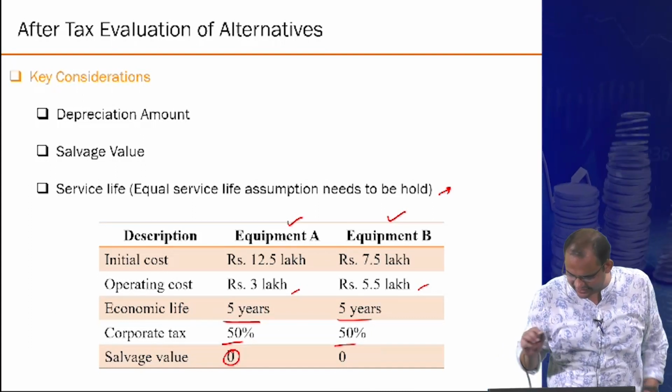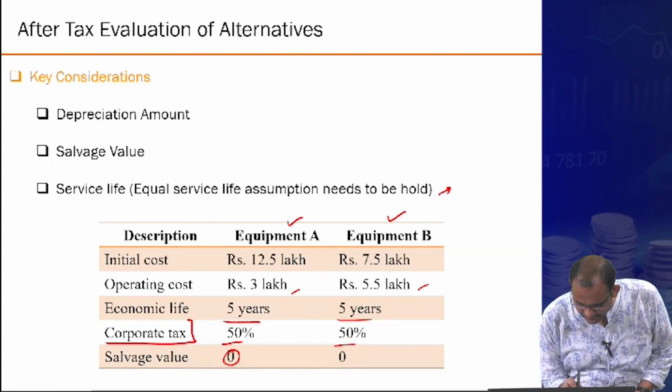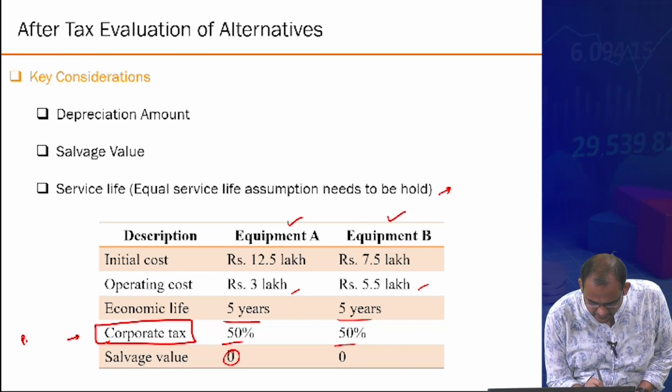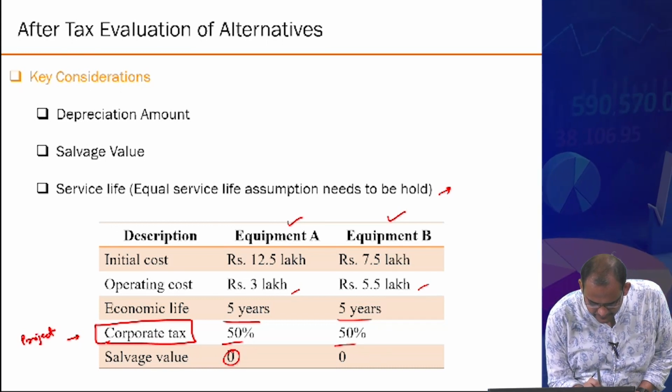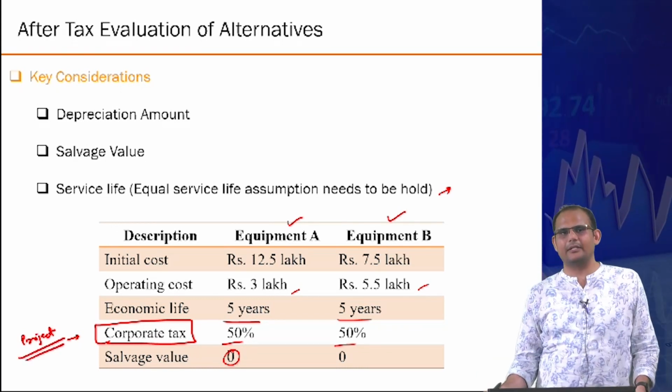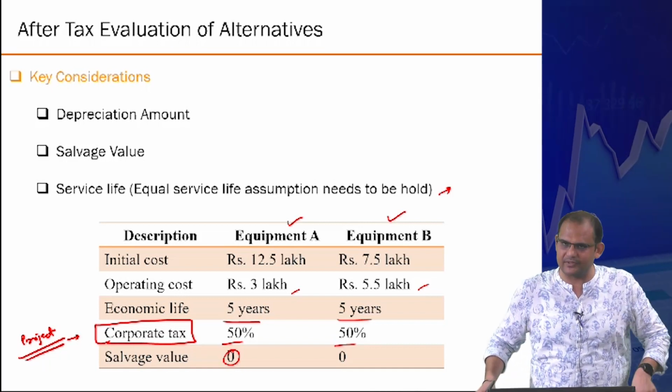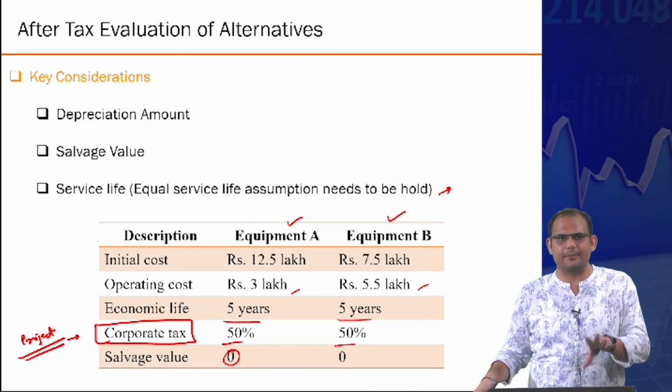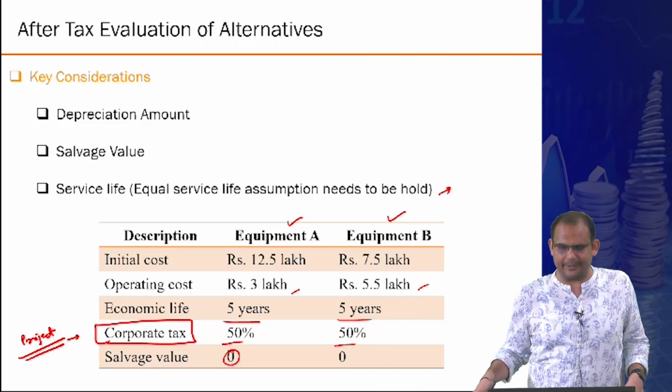I think I should change this language here. Corporate tax rate. Ultimately, you are dealing with a project here. It's not a corporate tax, but it is. I took the question from somewhere and that's where it was mentioned. It's a project tax rate calculation happening.